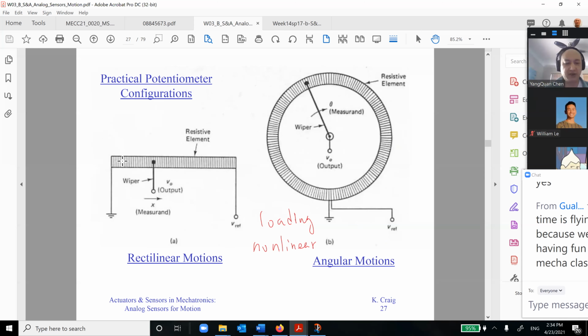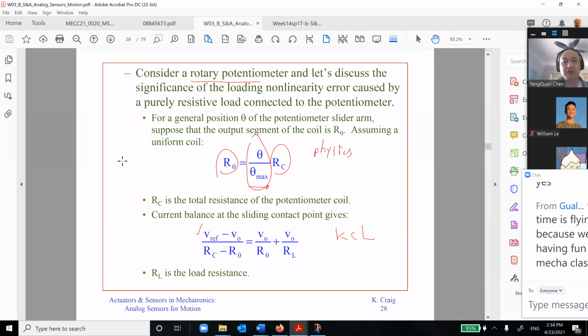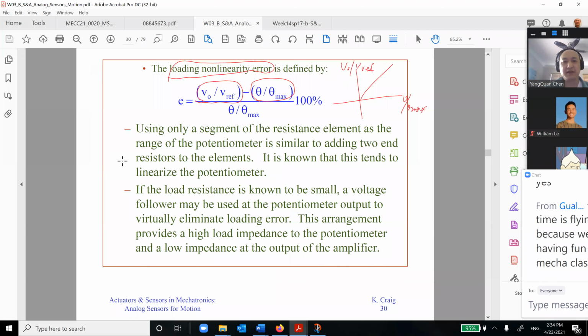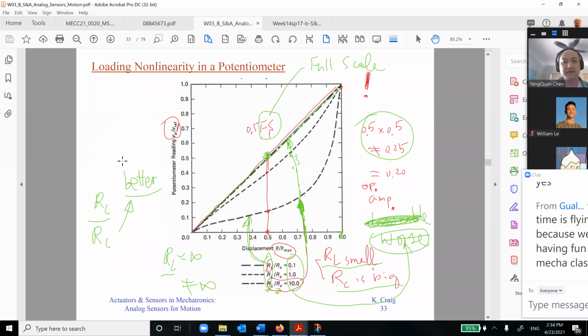What you need to take care of when you use potentiometers as motion sensors is this load effect, like we have seen here. Basically, your linearity, x and y.